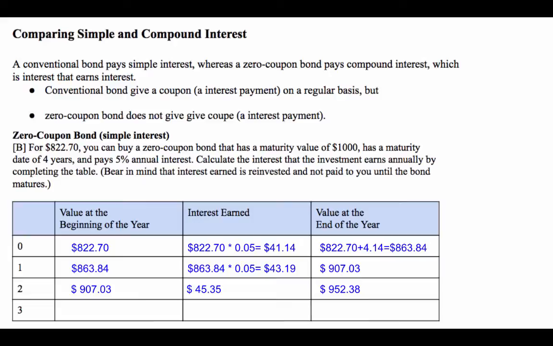So at the end of the year, you will have a total of $952.38. And that process continues. You get $1,000. So you had $822.70, but you get $1,000 at the end, right? So there are some advantages and disadvantages to each one. What works better for you is completely up to you.